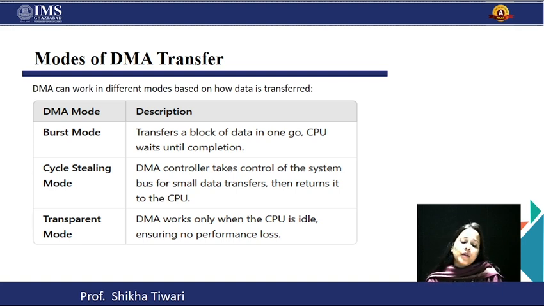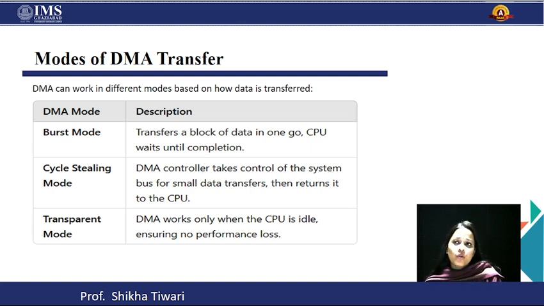Cycle stealing means, as you can see from the name, stealing means to take over something, or in Hindi we can say chura lena or le lena. So what is cycle stealing mode? Cycle stealing mode is when the DMA takes control of the system bus for a small data transfer, then returns it to the CPU.